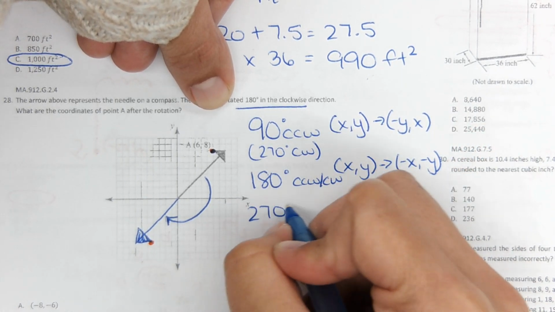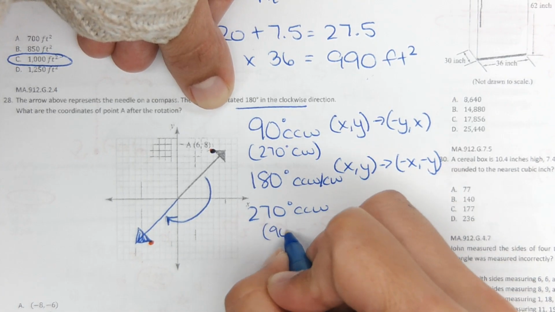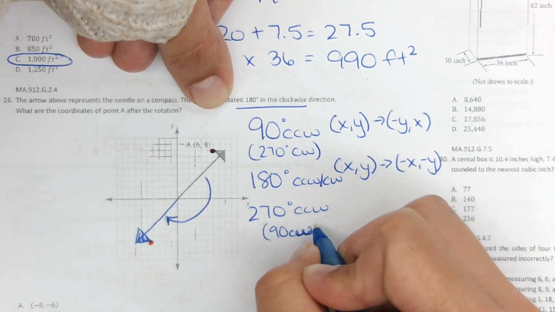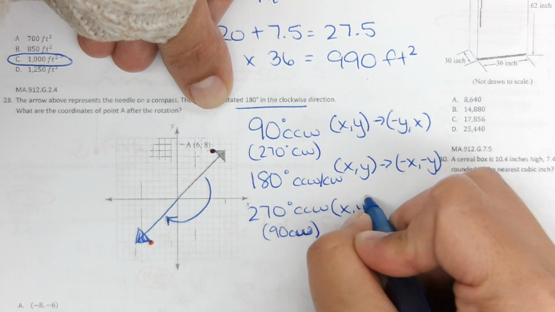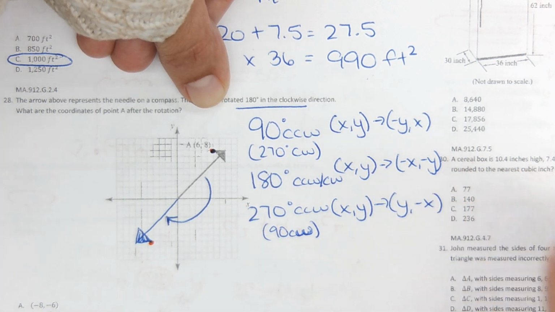And then for 270 degrees counterclockwise, which would be 90 degrees clockwise, (x, y) becomes (y, -x).